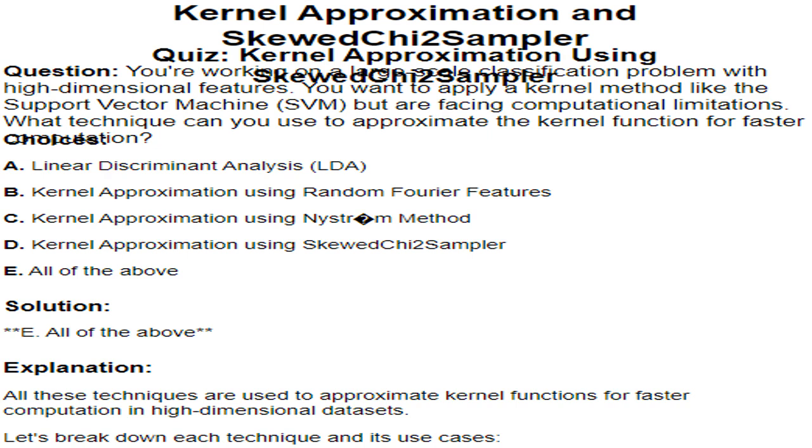In facial recognition, LDA could be used to reduce the dimensionality of facial images by finding axes that best separate different individuals. This could be a preprocessing step before applying a kernel-based classification algorithm.